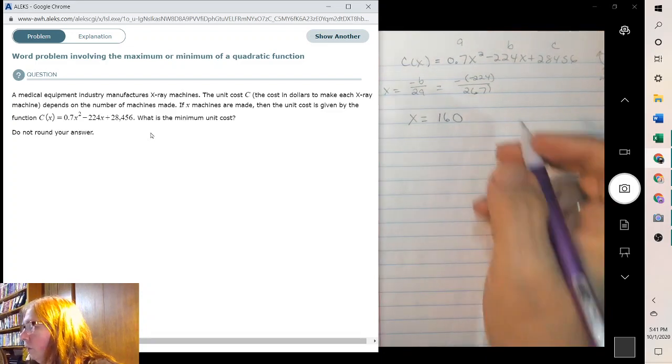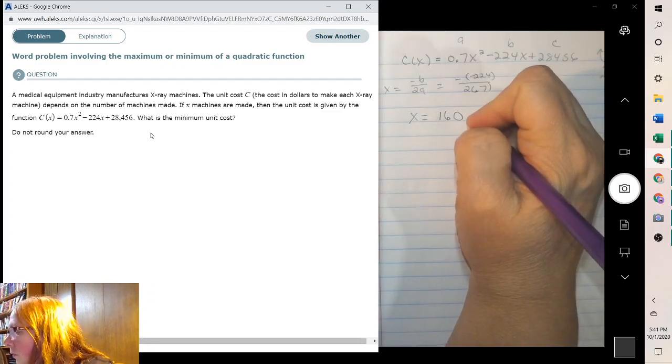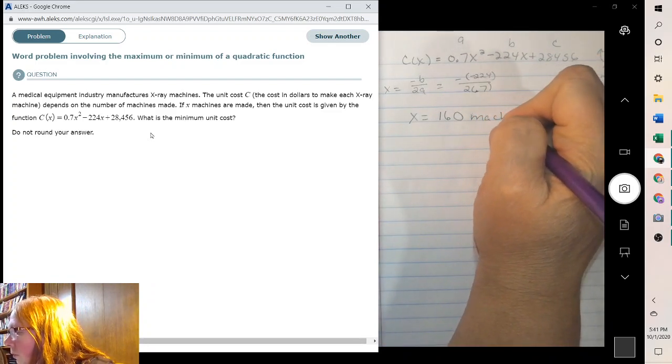They want the unit cost, so we need to find C of X. This is the number of machines, 160 machines.